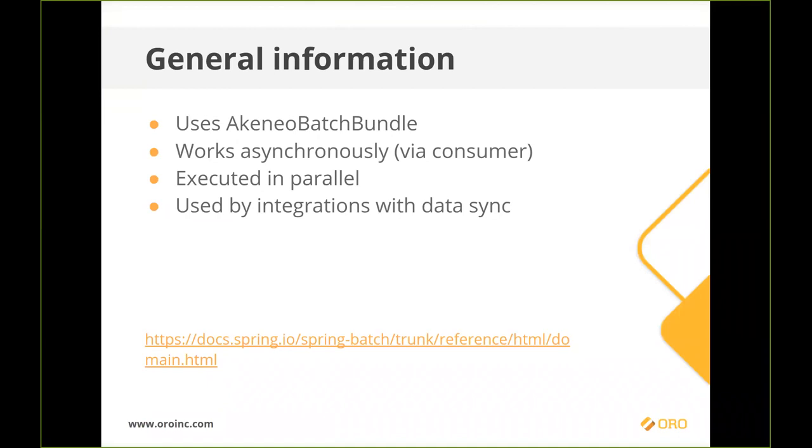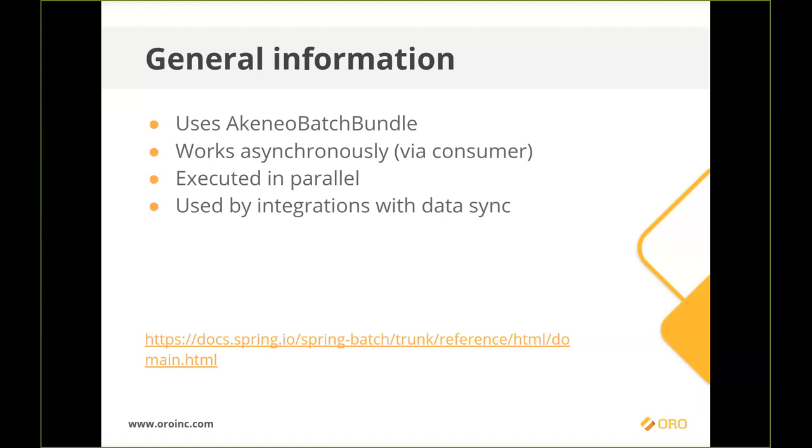So we have some data, either if we import from CSV, then we split the file into batches, or if we export, we get the entities to export and also split them in batches. Those batches are executed in parallel, and also the integrations. We're going to talk about the integration and the message queue tomorrow. Those are all a little bit connected. And the integrations with data sync are using the import-export functionality.